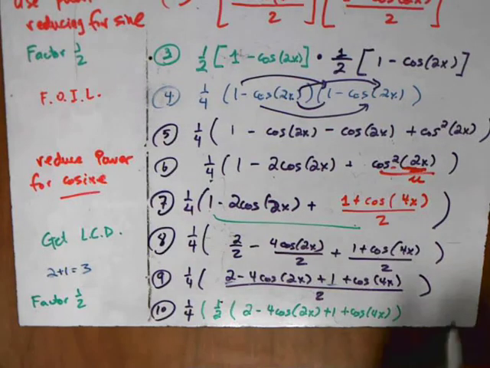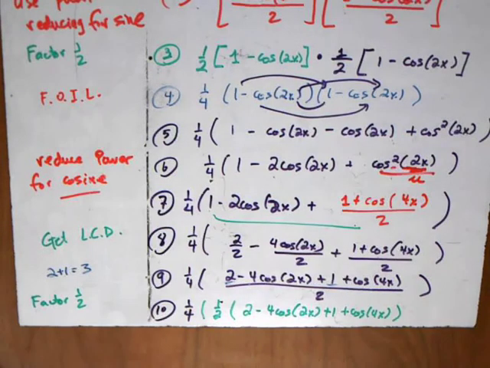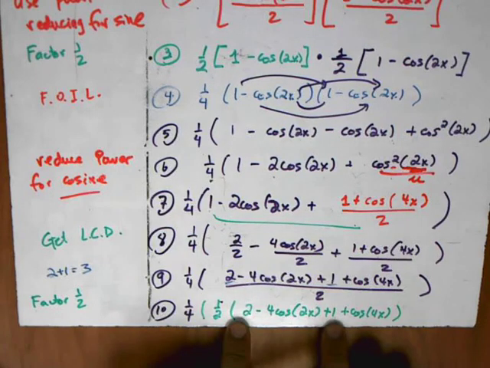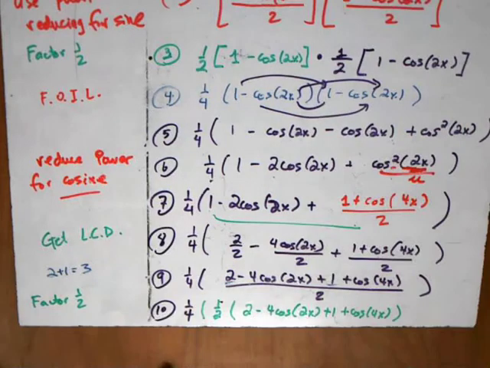Let me get all my parentheses in order. The 1/4 and 1/2 is going to give you 1/8, and this 2 and this 1 here is going to give you 3. Remember, this 2 and 1 is going to give you 3, and this 1/4 times 1/2 gives you 1/8, and that will complete the proof. I'm running out of room here, so I'm not going to write the final step, but you should be able to take it from there.